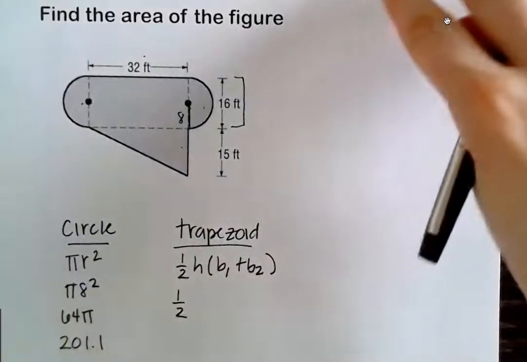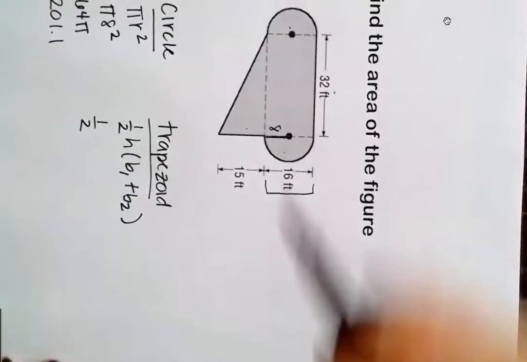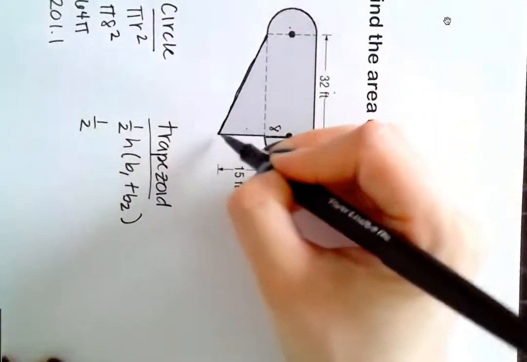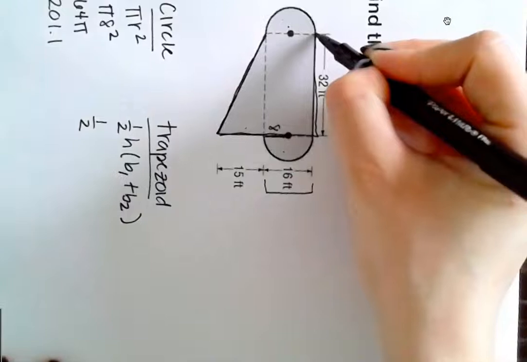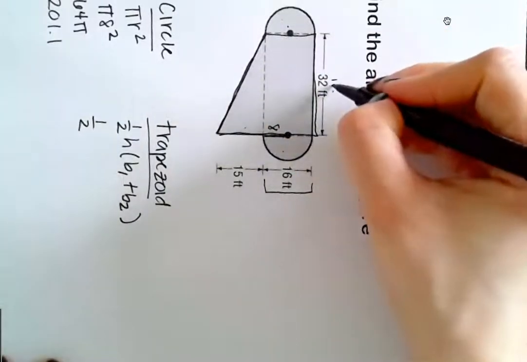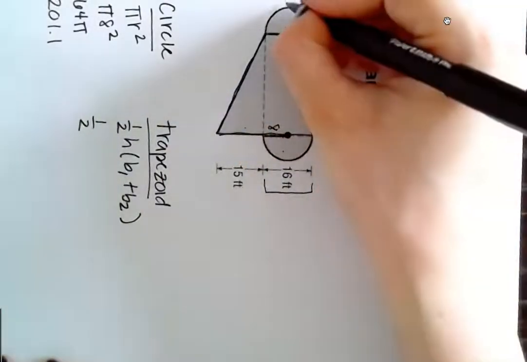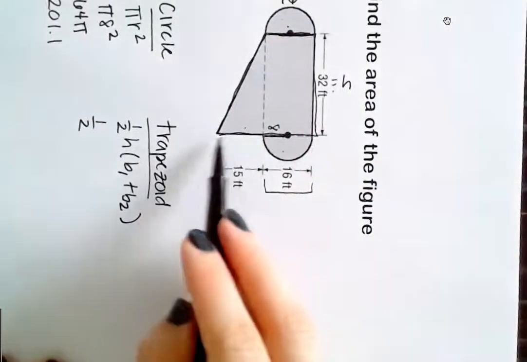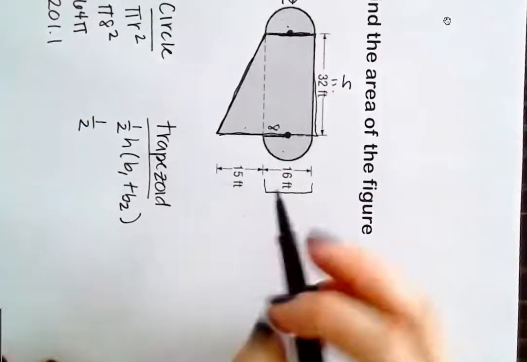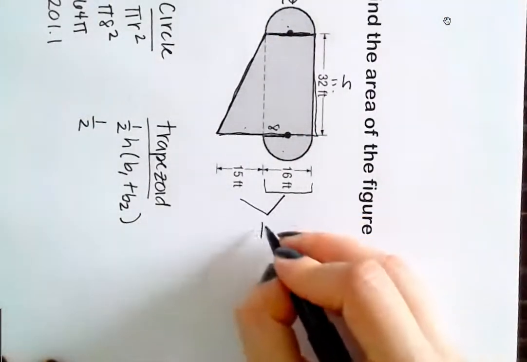Okay, so I'm gonna rotate this real quick just so we can maybe see it a little bit better. You guys see our trapezoid? There it is. Here's my height. This is one base right here, which is 16, and my other base would be 15 and 16, which is 31.